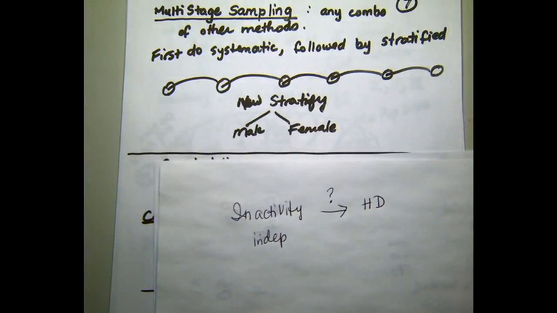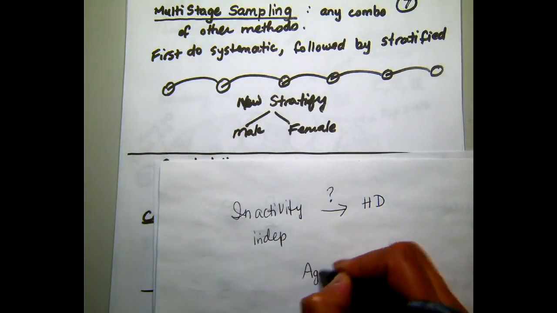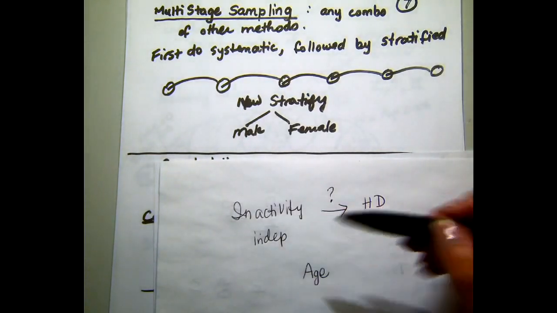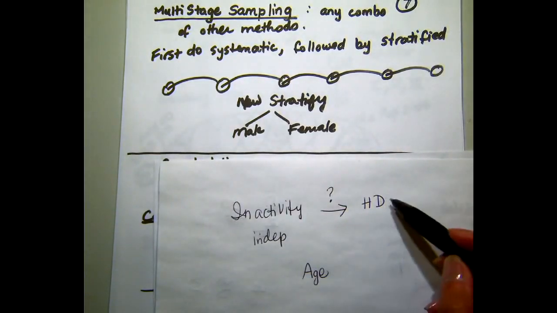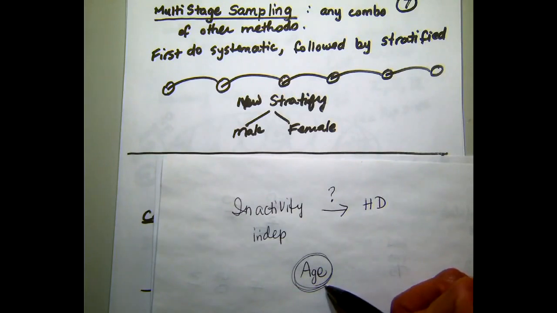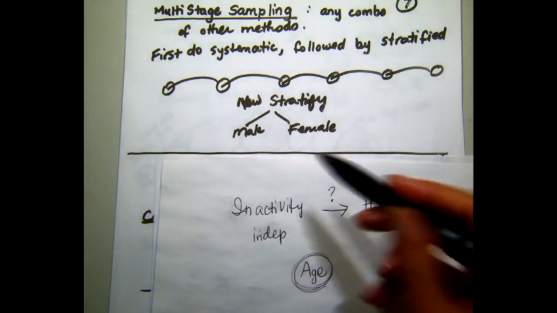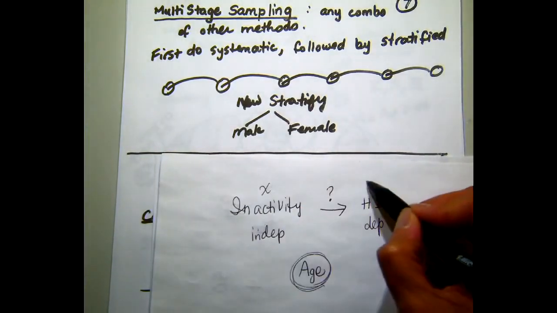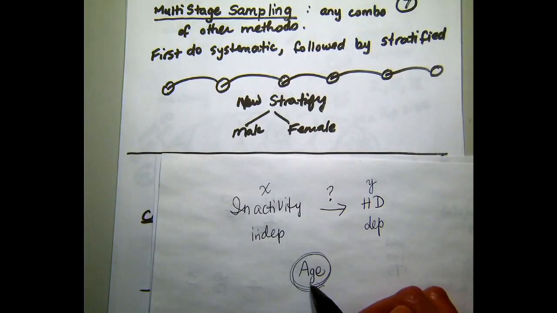But I better control for other factors like perhaps age. See, as people age, they tend to be more inactive, and as people age, they tend to develop more heart disease. So maybe I need to control for this other factor, age, that influences both X as well as Y. Here, this is X, this is Y. Age would be a confounder in this case. Get it?